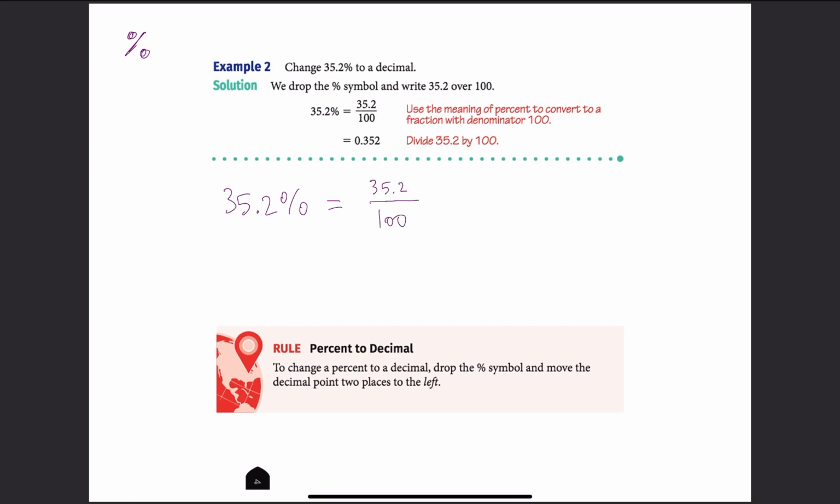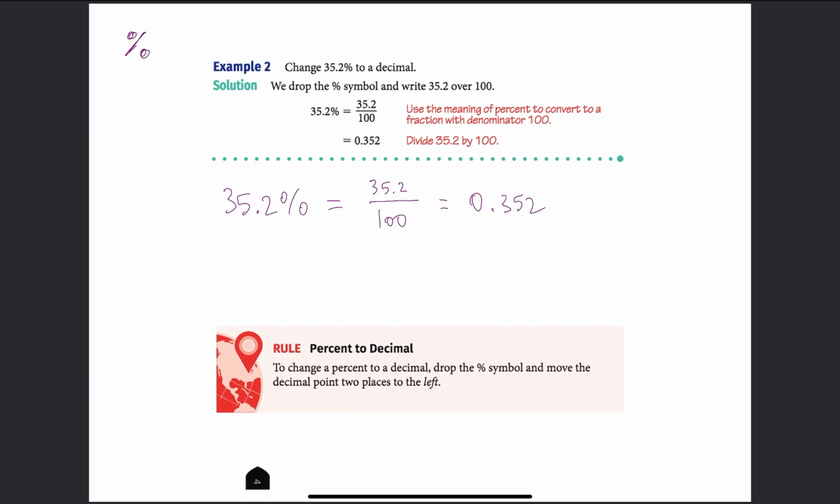So 35.2 out of 100. Now, this is an intermediate step because we can't leave a decimal inside of a fraction. So we have to do the division here. And when we do, we see that it's 0.352. And so to convert from a percent to a decimal, what you can do is first write it as a fraction. So write it out of 100.